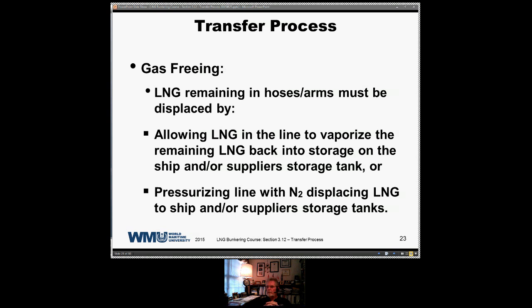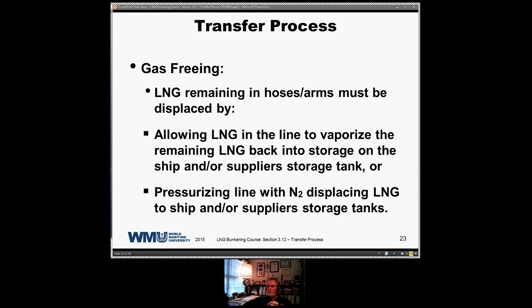So what are we going to do with this? Well, again, we go back and we're going to use the nitrogen from the shore supply, or if necessary, it can be used also from ship via hose over to the terminal if for some reason they have a shortage of nitrogen. And the valves, the block valves at the base of the arms are closed.